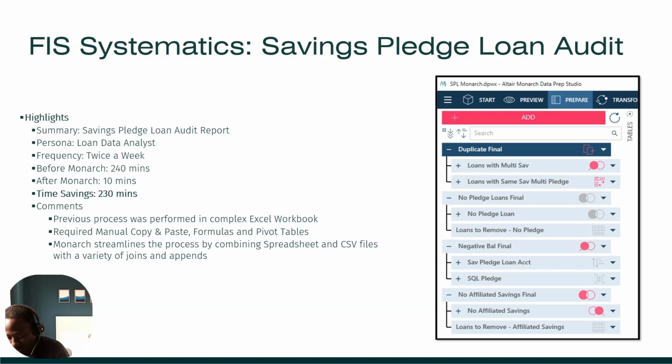And you had multiple spreadsheets, CSV files, a lot of manual copy and paste and formulas and pivot tables, copy from this pivot table to go here. And that 2 hours twice a week is basically 4 hours, which is how we get the 240 minutes. And they are able to accomplish that process now with Monarch in 10 minutes.